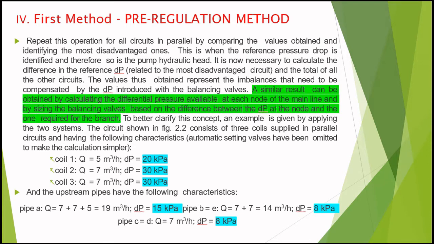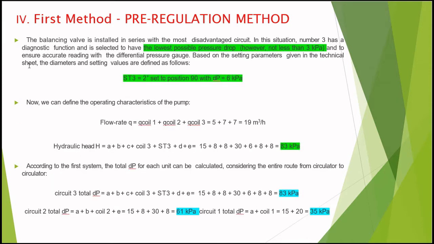So next will be the balancing valve installed in series with the most disadvantaged circuit, which in this situation is number 3. It has a diagnostic function and is selected to have the lowest possible pressure drop, however not less than 3 kPa as we discussed before.